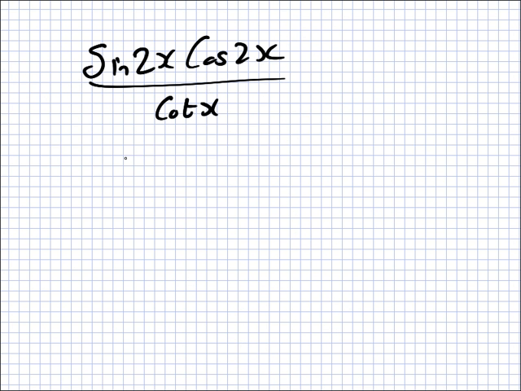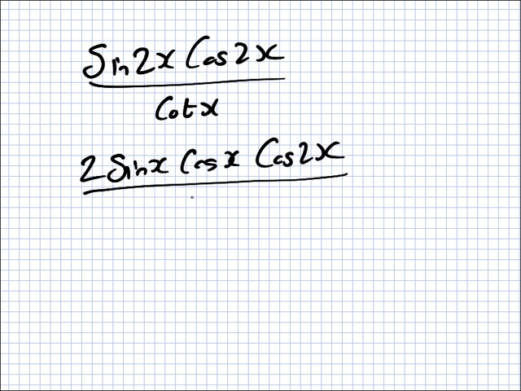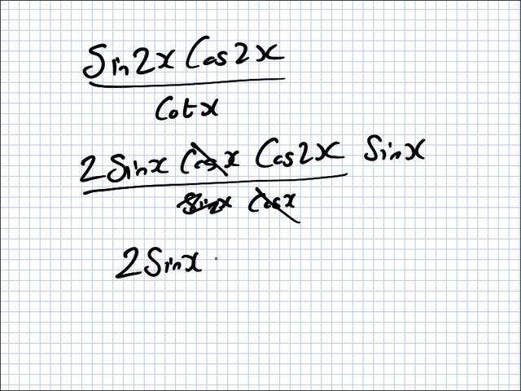So I should change that into 2 sine x cos x cos 2x over sine over cos over sine. Okay? And the cos is gone with that. So that leaves me with 2 sine x squared cos 2x.